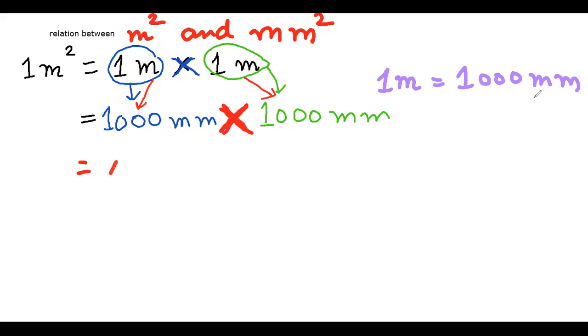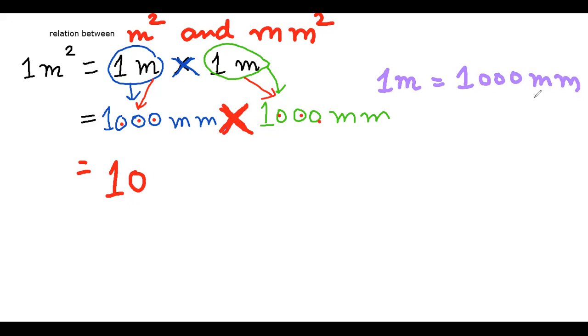So children, further, let us write the answer in exponent form. First step, write down 10. Second step, count the number of zeros: 1, 2, 3, 4, 5, 6.